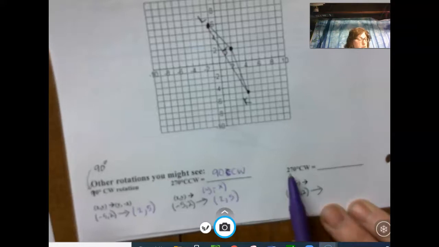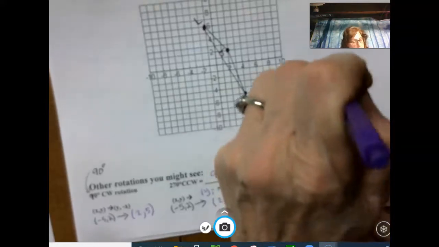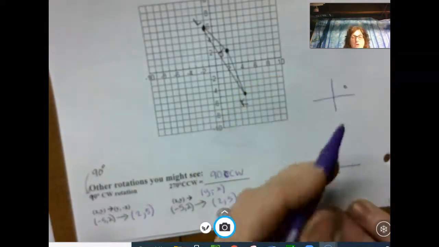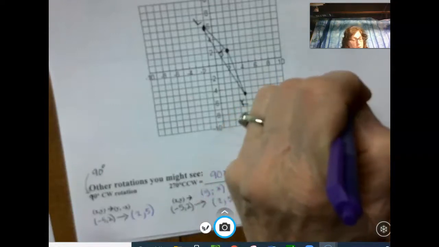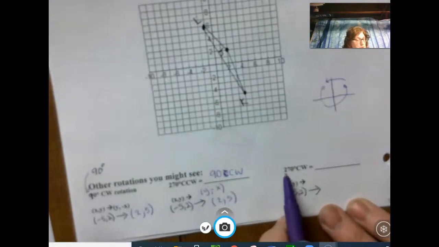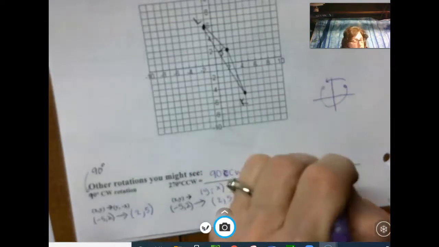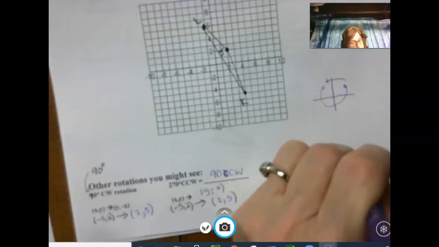And the next one, 270 clockwise, think about this. Let's say my point is here. If I'm going 270 degrees, this would be 180, so 270 would be up here, the same as going 90 degrees counterclockwise. So 270 clockwise is the same as 90 degrees counterclockwise.